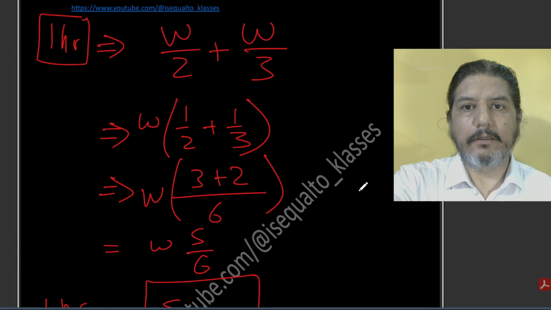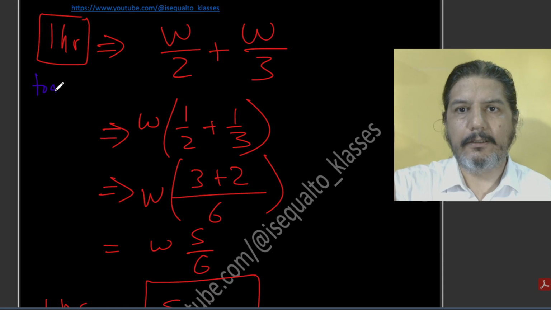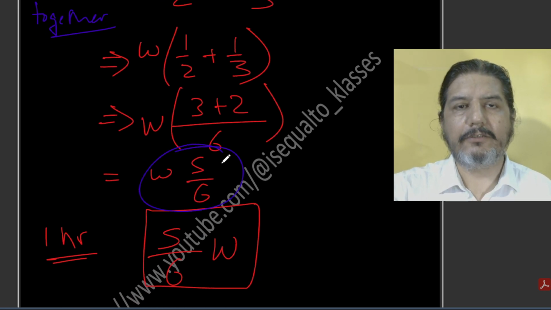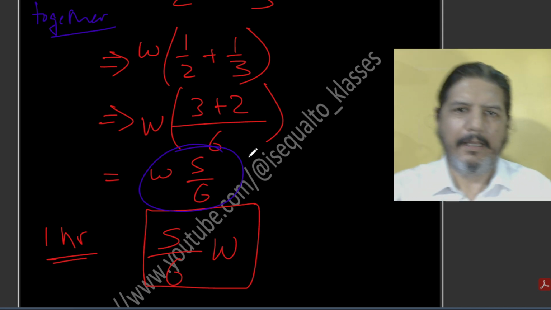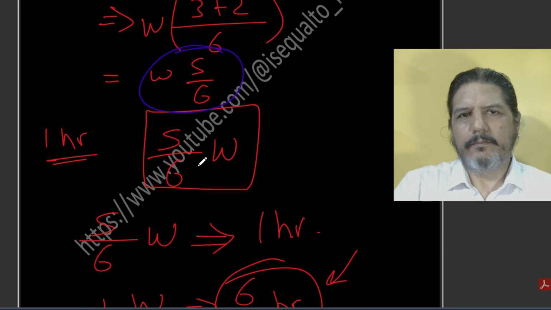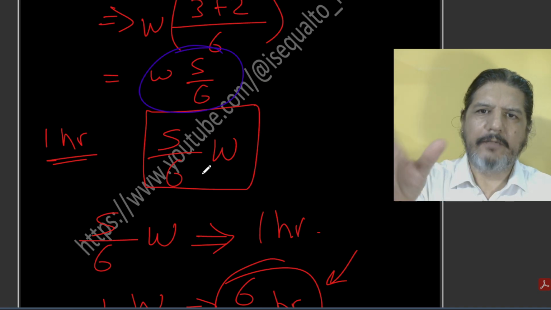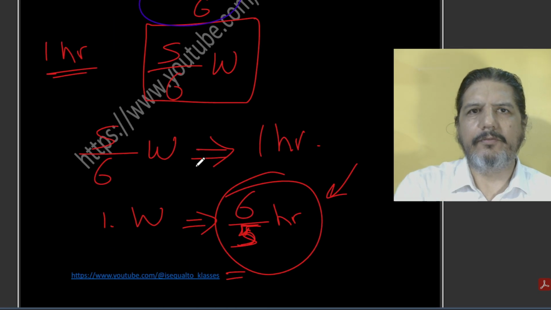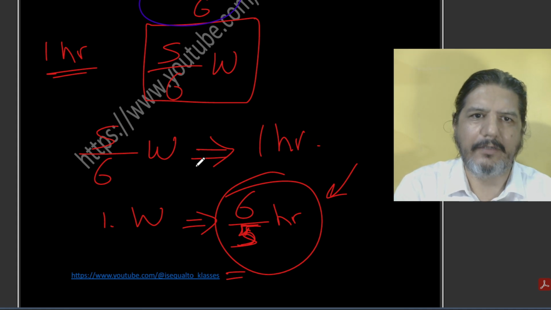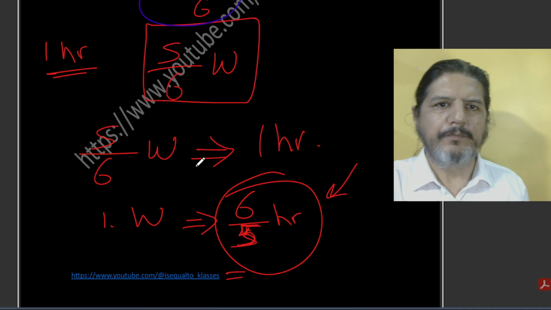So in 1 hour, working together, they would have completed 5/6 of the work. Once you understand this relationship, you can understand the inverse also: if 5/6 of the work can be completed in 1 hour, then to complete the full work you require 6 by 5 hours. I hope it is making sense.